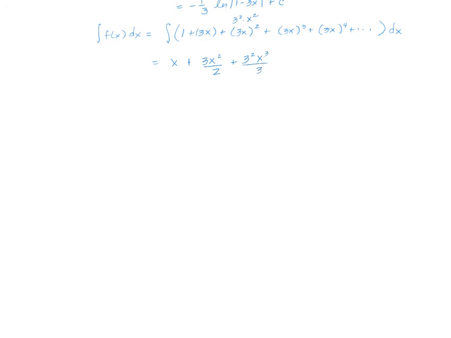Now I'm not multiplying it out. I'm keeping it as 3 squared because my goal is to recognize a pattern. 3x to the third is 3 to the third x to the third. So the constant 3 to the third stays. X to the third becomes x to the 4 over 4, plus 3 to the fourth times x to the fourth becomes 3 to the fourth x to the fifth over 5 and so on, but I have a constant c because I integrated.